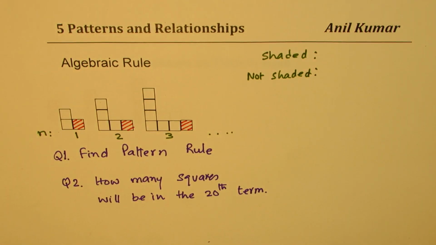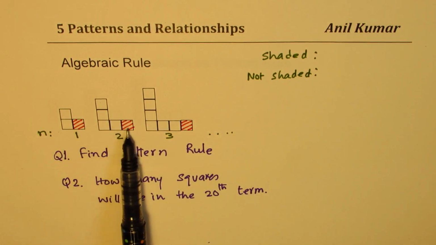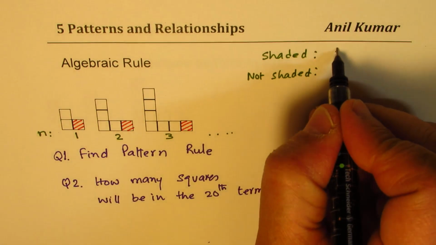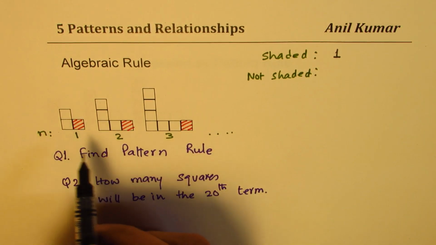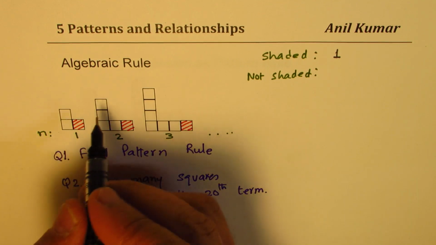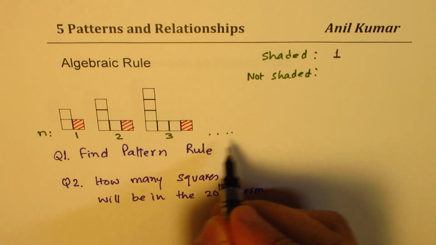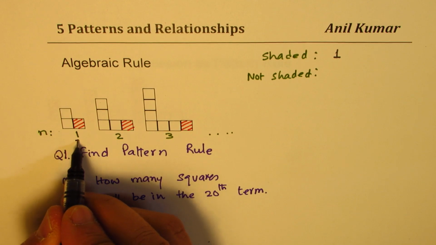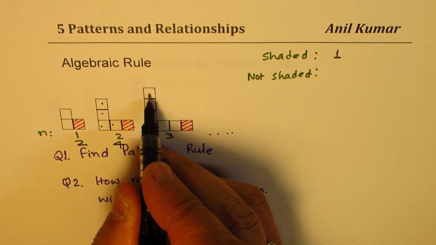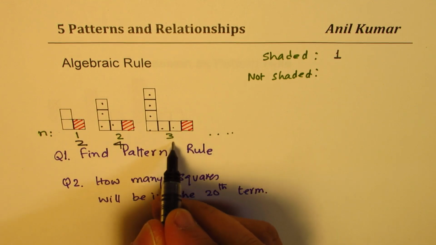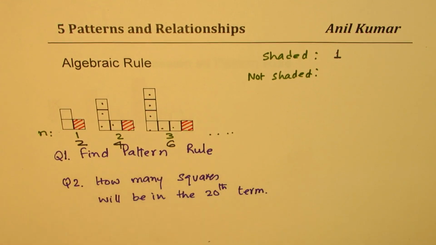So you find that in each, 1 is shaded. That is fixed. How many are not shaded? In this case, let me write here not shaded. Here not shaded are 2, and here 1, 2, 3, 4. In this case 1, 2, 3, 4, 5, 6. So what do you see?